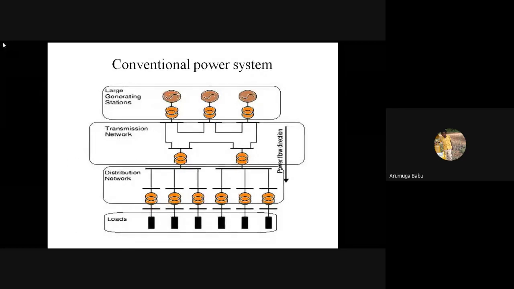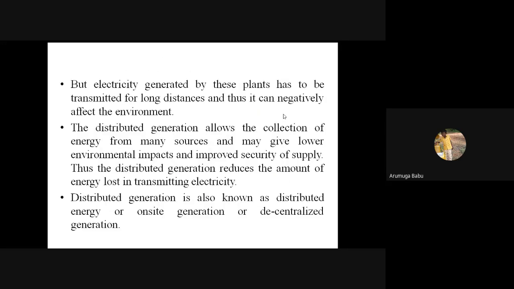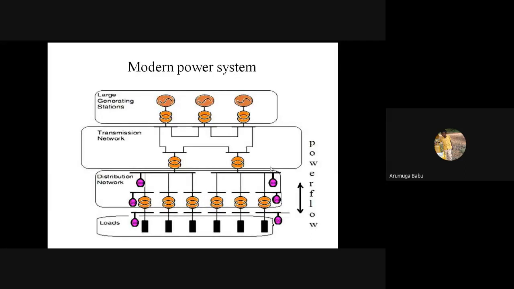So this is the conventional power system. If you are seeing this diagram, here the power is flowing from the large generating stations to the load center. Okay, so this is having one-way power flow only. If you are coming to the modern power system, there will be a bidirectional flow of power. Since we are connecting all the generation in the distribution network and the load centers, the power will have a bidirectional flow in the modern power system.